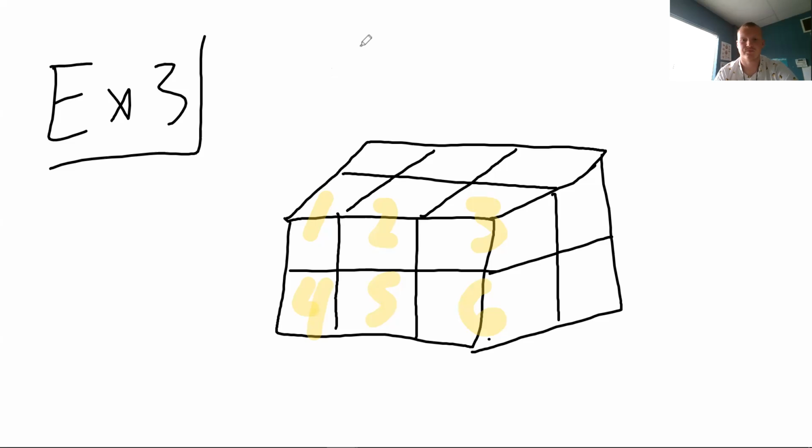Whoops, messed up. Okay, I'm not going to count them because I made my 3-dimensional figure not look good. So I'm just going to use my laser pointer. So I have 1, 2, 3, 4, 5, 6, 7, 8, 9, 10, 11, 12, 13, 14, 15, 16.